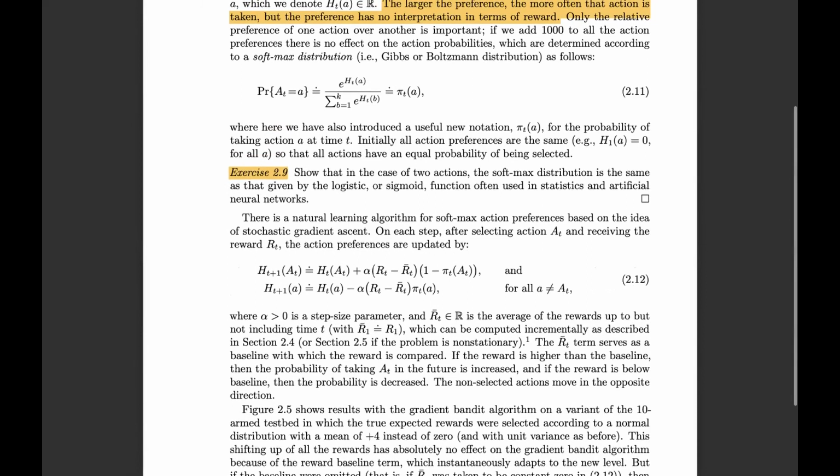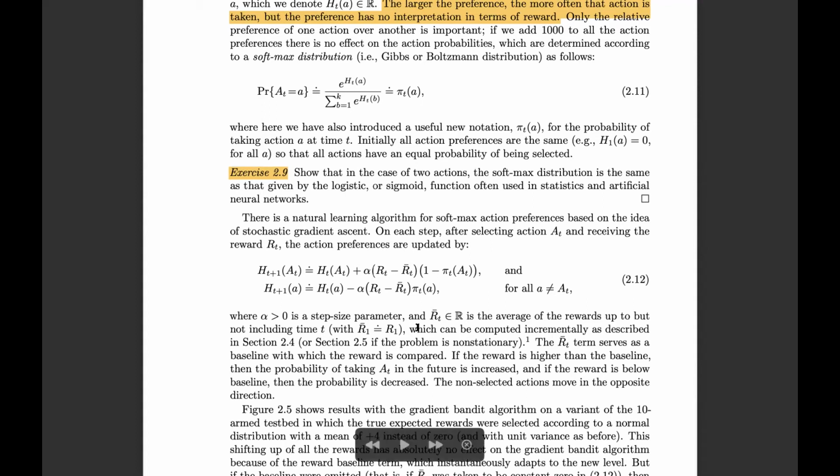So I believe he means that the preference values do not have to be proportional to the reward values, which means we could have, say, negative preferences, but it doesn't matter, as it only looks at the relative differences between the preferences.